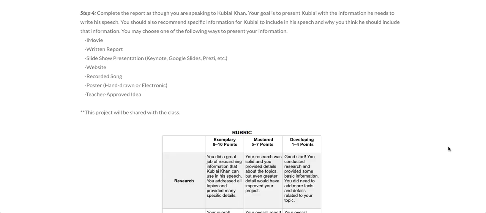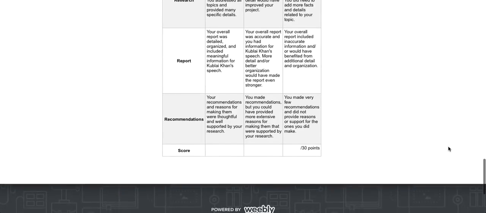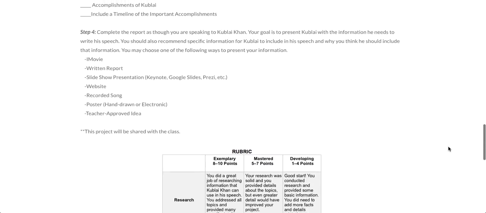So not only are they choosing which department they want to work in, they also get to choose how they'd like to present it. This will be communicated to the rest of the class, so they will share their projects. I included a rubric down here at the bottom for this project.